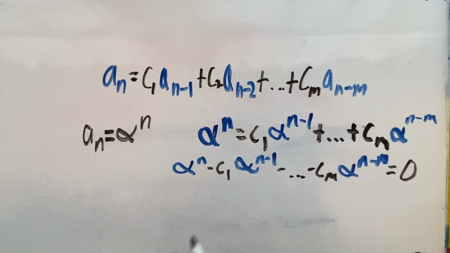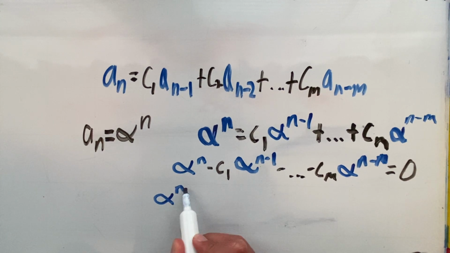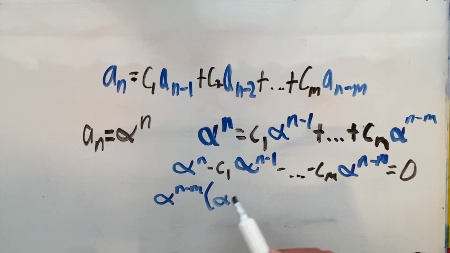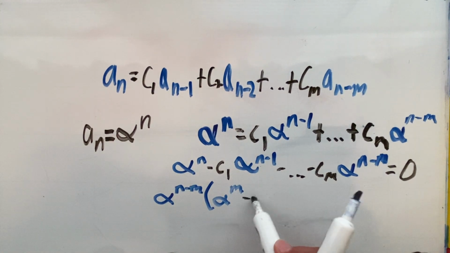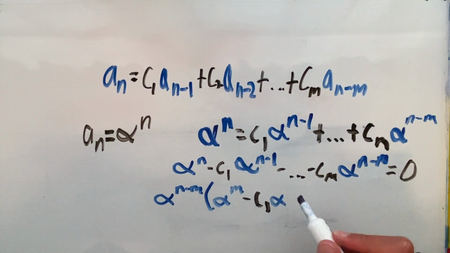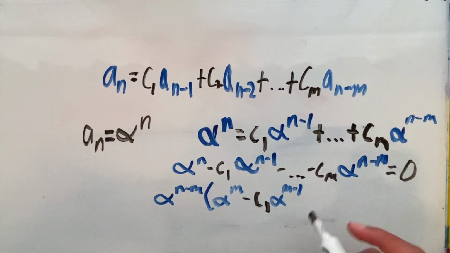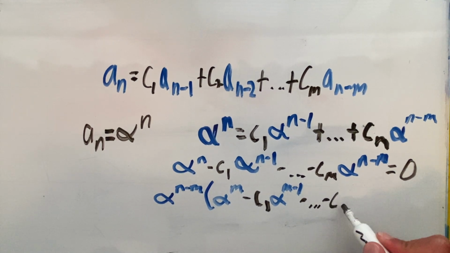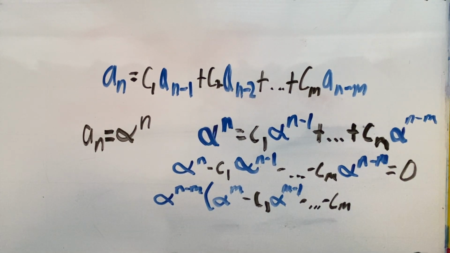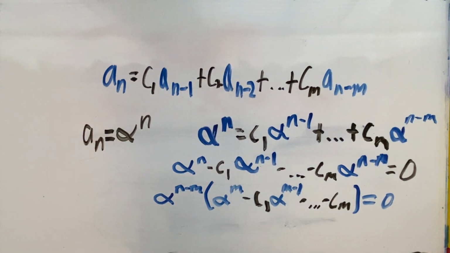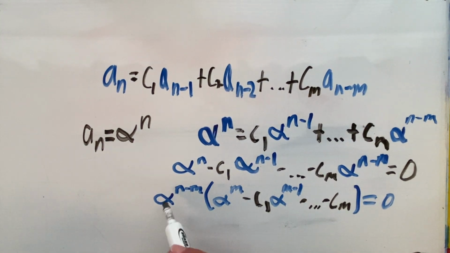Then you can factor out alpha to the n minus m times alpha to the m minus c1 alpha to the m minus 1, and then minus dot dot dot minus c sub m, and there's no more alpha to the n minus m, that's fully come out, and this equals 0. And then you have a polynomial equation, and you can solve for values of alpha that allow this to be true. One solution which is always present is alpha equals 0. From right here, you usually ignore that.